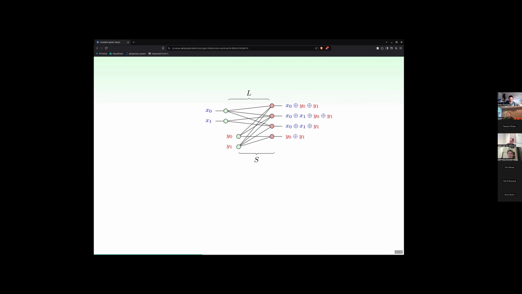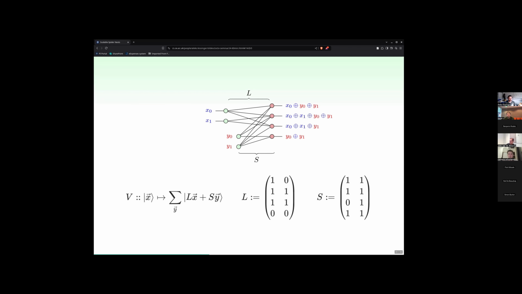So what's the difference between the blue ones and the red ones here? Well, the blue ones are actually the input to my isometry. So again, I put in a computational basis state into some isometry V. But the red ones are actually just getting summed over.